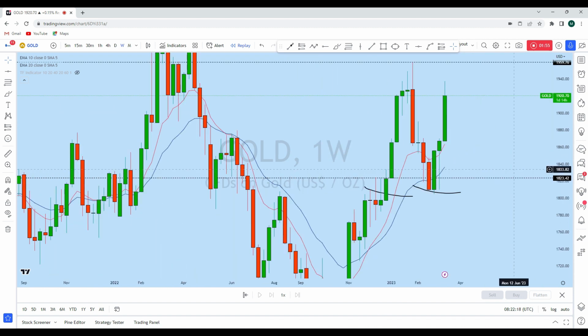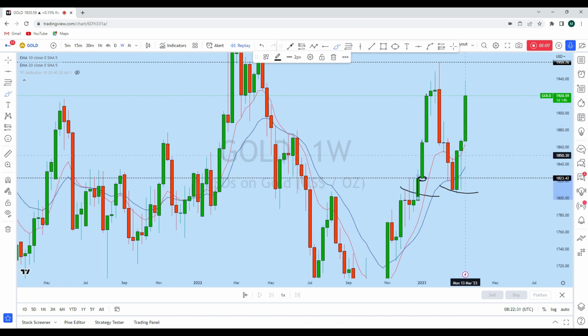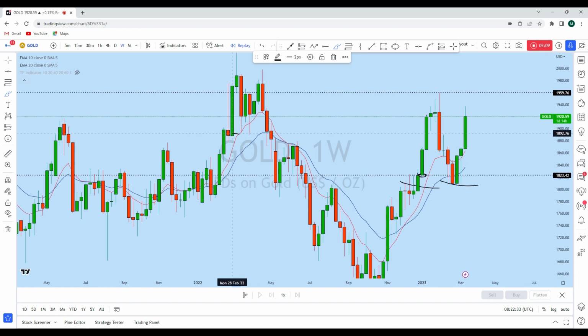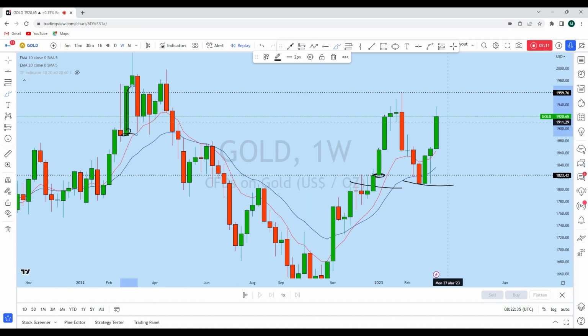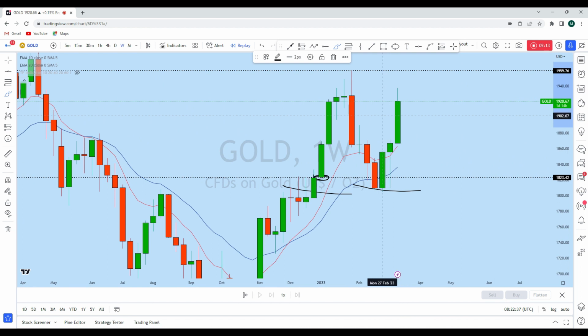If we look at the past on this weekly chart, whenever the market creates this kind of strong bullish candle that closes with a full body, it gives potential for this market, as soon as it drops to the downside, to see another bullish move, as we can expect this candle to close as a strong bullish candle.